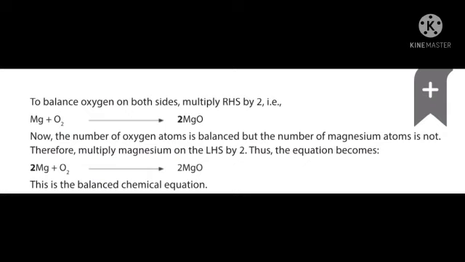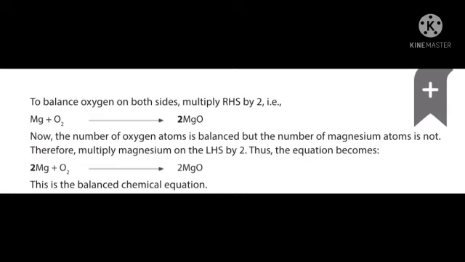So Mg plus O2 gives 2 MgO. Now the number of oxygen atoms is balanced, but the number of magnesium atoms is not. Therefore, multiply magnesium on the LHS by 2. Thus, the equation becomes 2 Mg plus O2 gives 2 MgO. So here the equation is balanced.